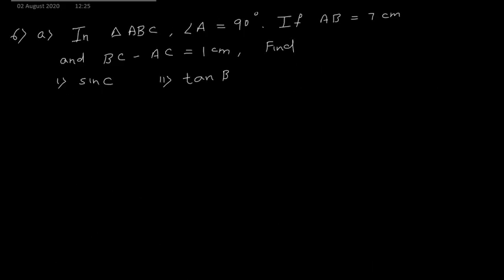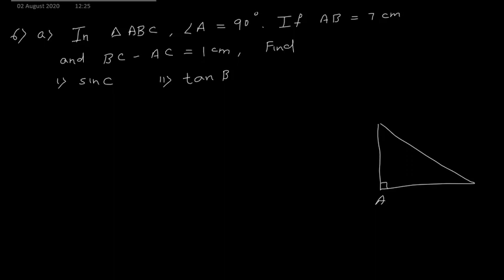Now let us see the next question. In triangle ABC, angle A is 90 degree. So better first I will draw one right angle triangle. Here we have drawn one right angle triangle where angle A is 90 degree. So my angle A will be here. This is my angle A, which is 90 degree.